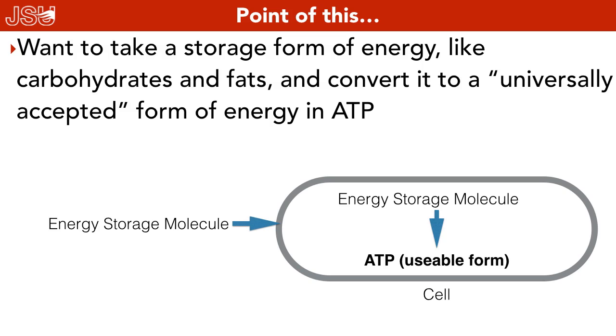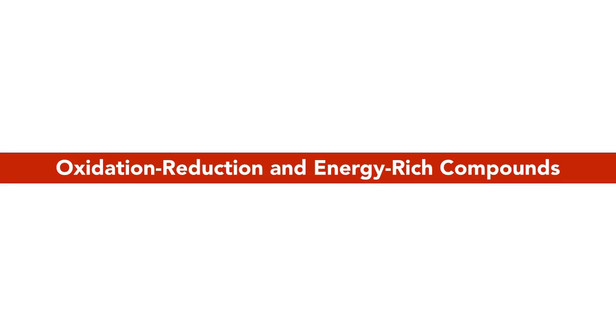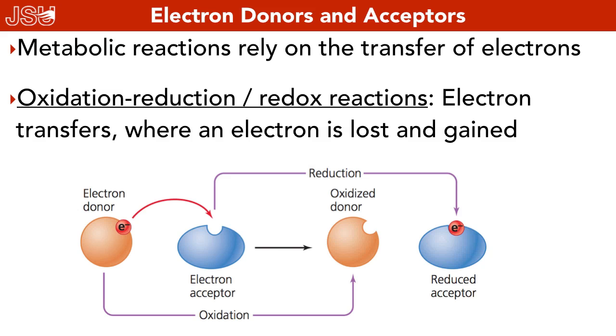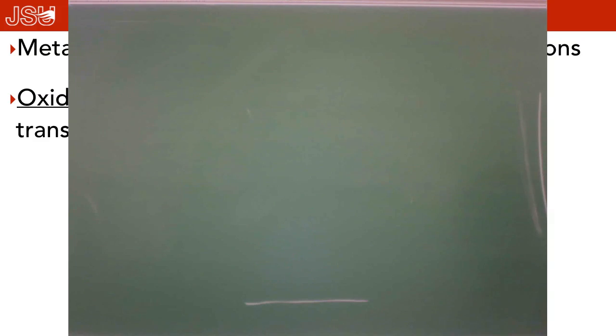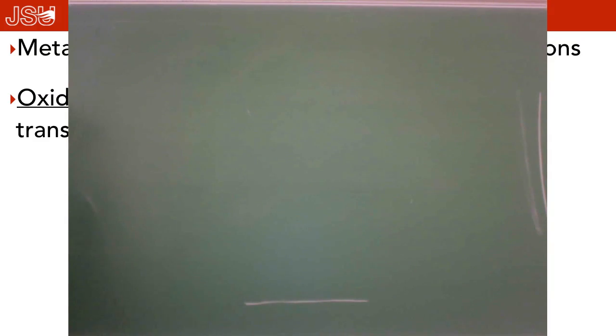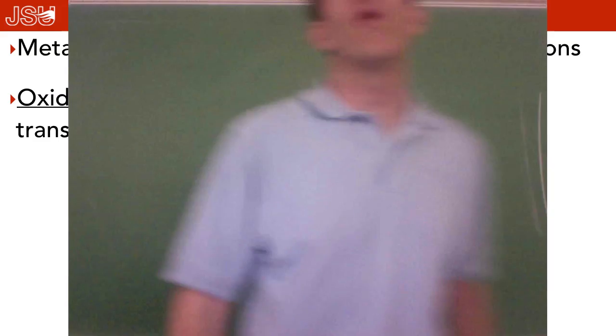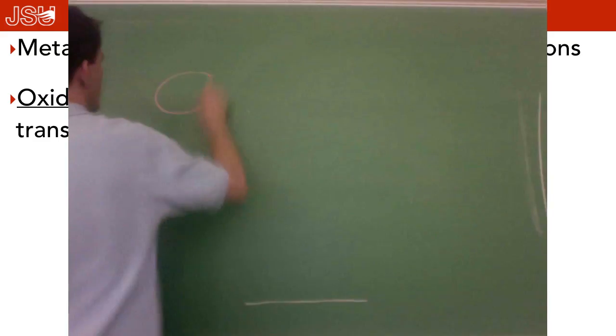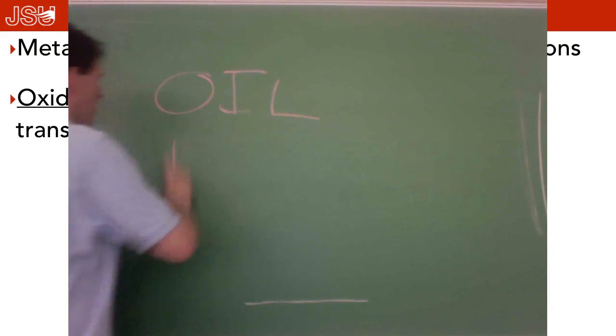Outstanding. Now, before we do this, we've got to introduce this idea of oxidation and reduction. An oxidation is when an electron is lost. A reduction is when an electron is gained. And I'm going to give you a great mnemonic here. What do you call those big things you get oil out of from the ocean? An oil rig. Have you heard this mnemonic?